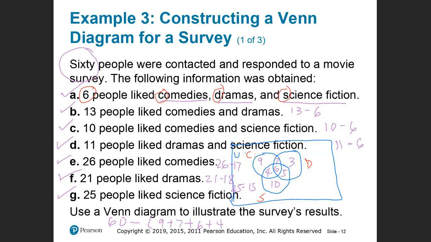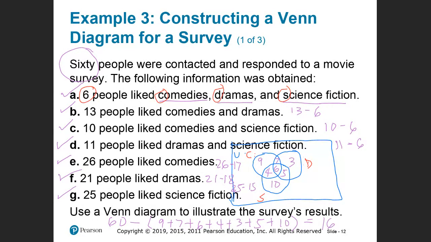That's inside set C. Then on D plus 3 plus 5. Set S would be plus 10. So calculating, it will give you 16.